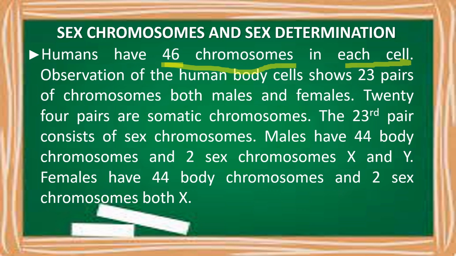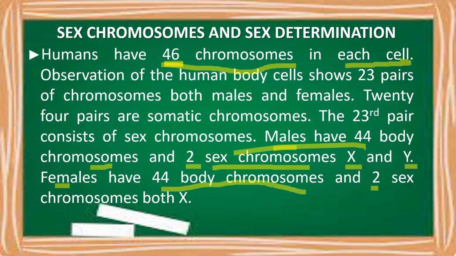So in males, there are 44 body chromosomes, and the other two, for a total of 46 chromosomes, are the X and Y chromosomes. The X and Y chromosomes are called sex chromosomes. Then the females also have 44 body chromosomes plus two more chromosomes, for a total of 46 chromosomes, and those 2 sex chromosomes are both X. So remember, males have X and Y as their 2 sex chromosomes.